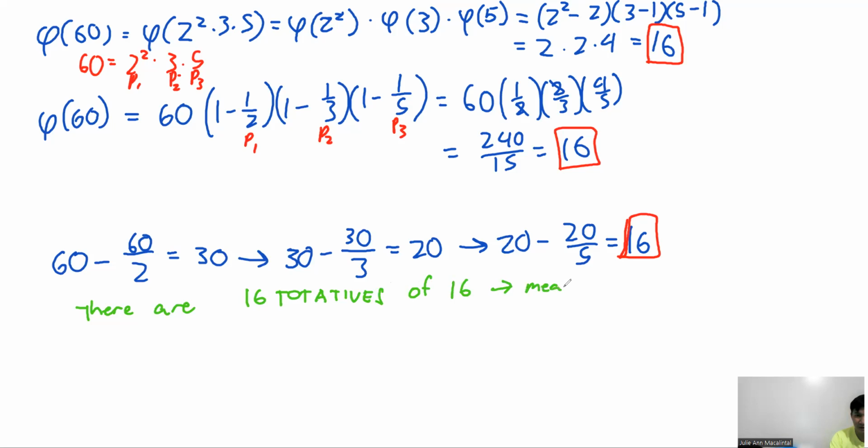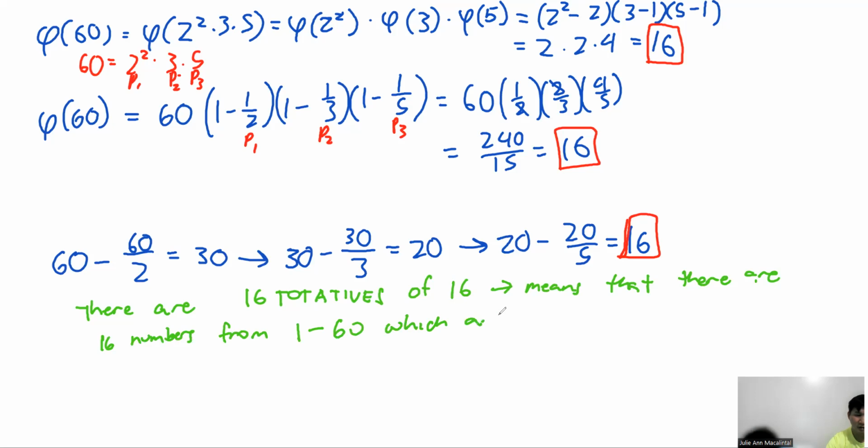What does 16 totatives mean? This means that there are 16 numbers from 1 to 60 which are co-prime or relatively prime with 60.